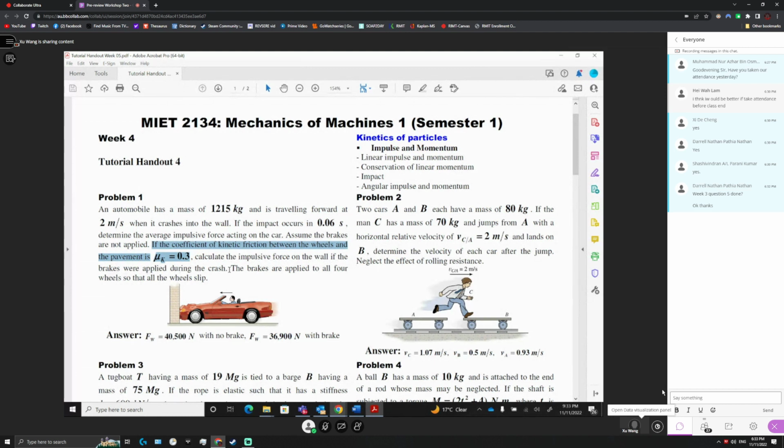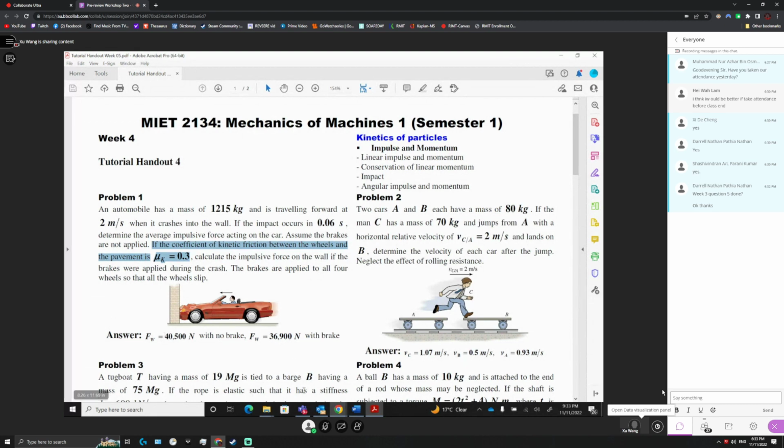When they apply the brakes, the brakes are applied to all 4 wheels and lock up the wheels, making all the wheels slip.